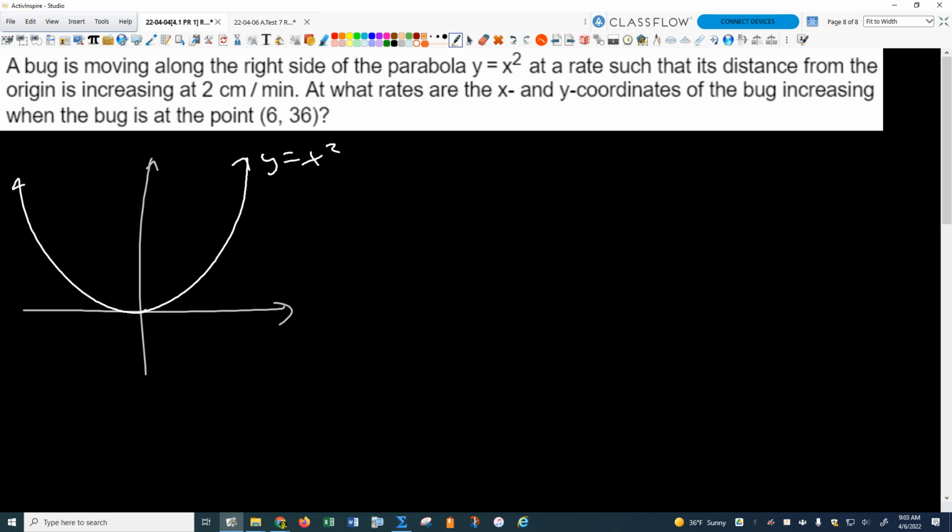At what rates are the x and y coordinates of the bug increasing when the bug is at the point (6, 36)? Okay, so then, if the bug is moving along this parabola, he's going to have coordinates x, y, right? Okay.